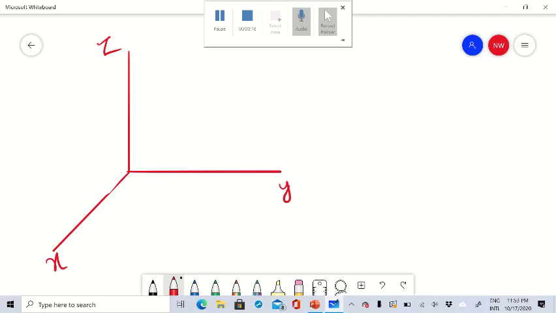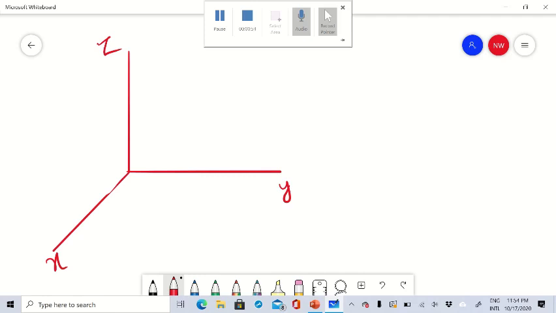So now we have a vector. Any vector may have one, two, or three rectangular components along the x, y, and z coordinate axes, depending on how the vector is oriented relative to the axes. If it is just along the x-axis, then it has only one rectangular component because the y and z components are zero.